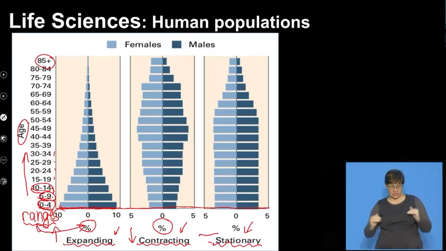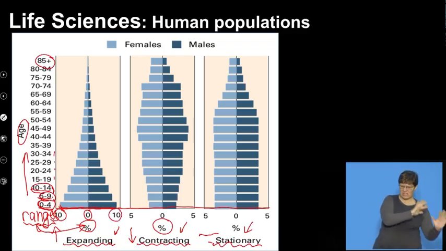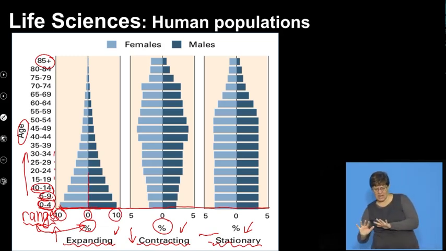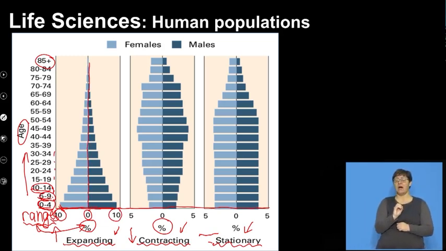So on this graph, we've got 10%, 0%, and 10%. Now that might seem very strange to you until you realize that 0 is like another axis and 10% is showing us the females in this age range. And on the other side of the 0 axis, we've got the males.